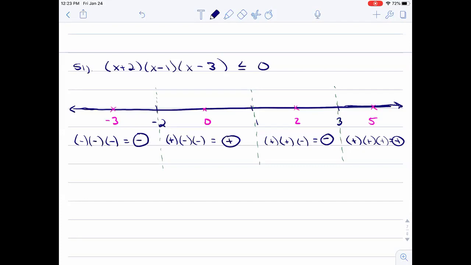That means that this solves the inequality, and this one solves the inequality. So I'll put little green. This one's good, and this one's good. This one and this one, they're not in the inequality, right?